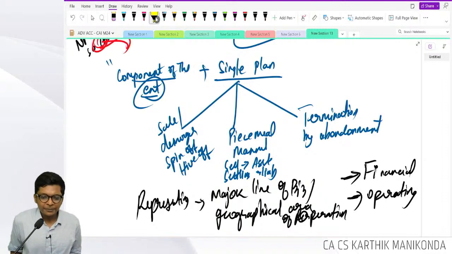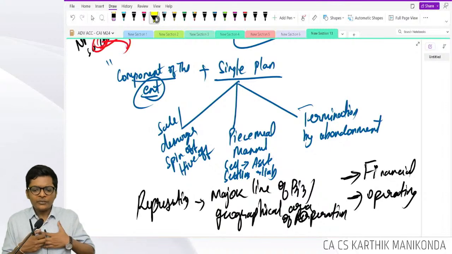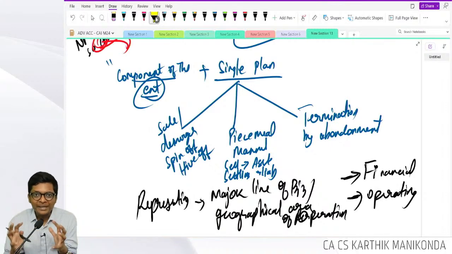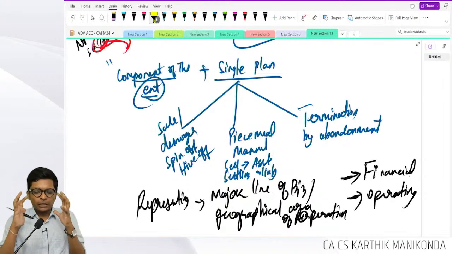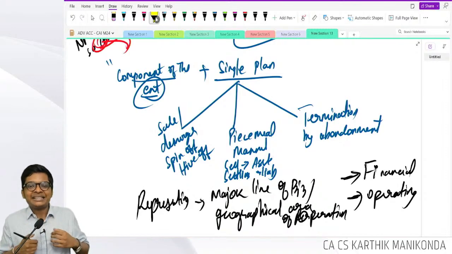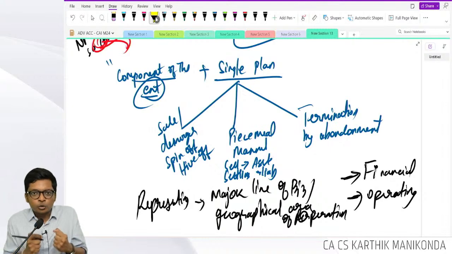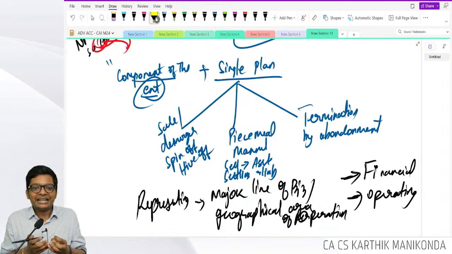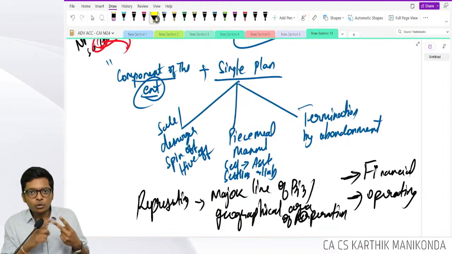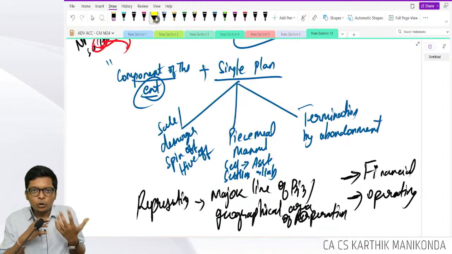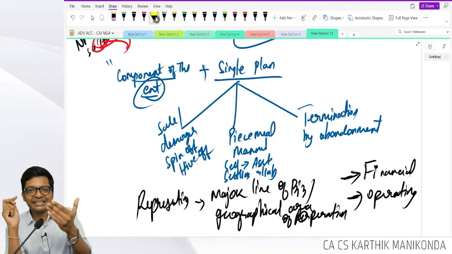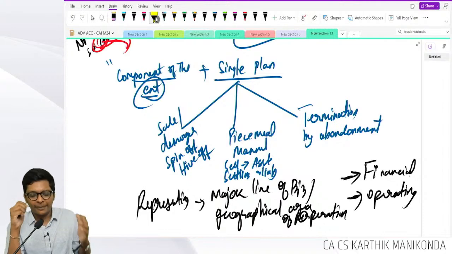So again, let me repeat and give you examples. Discontinuing operation is a component of the enterprise that the entity, pursuant to a single plan, one single plan, decides to sell or do demerger or do spin-off or do hive-off, or nobody is buying my cycle, so sell the parts in a piecemeal manner, sell the assets and settle liabilities, or terminate by abandonment.